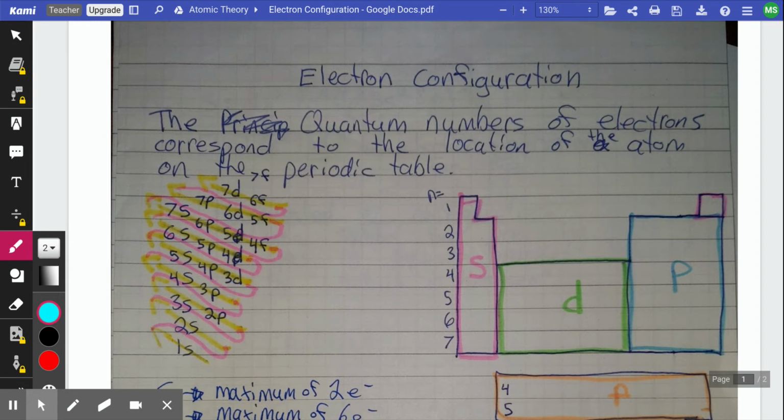Now, in the video that you watched, he showed you a little annotation where he drew a little chart with some arrows to show you the way to fill orbitals. What you see on the left side of this page is another version of that.